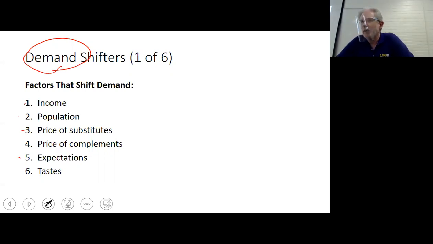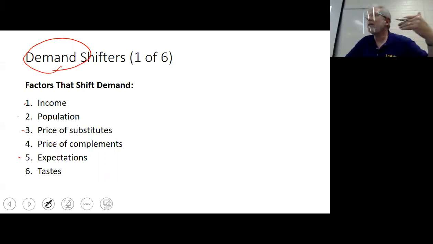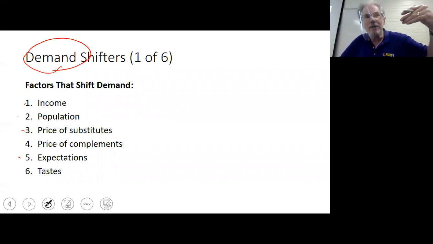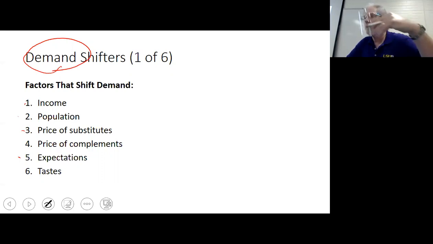It tells you only about the consumers, only what they will do given certain circumstances. And so if the consumers, think about a hurricane. If consumers think a hurricane is coming and that's going to cause the price of gas to go up, then consumers are going to change their behavior.